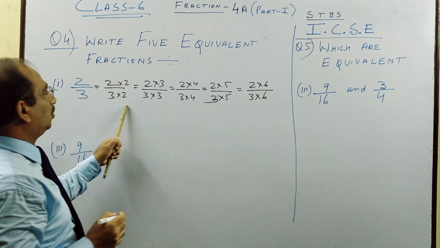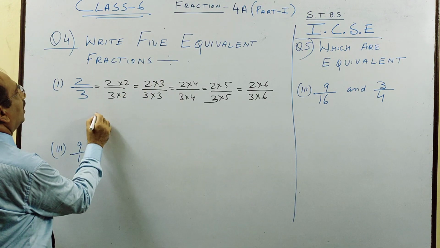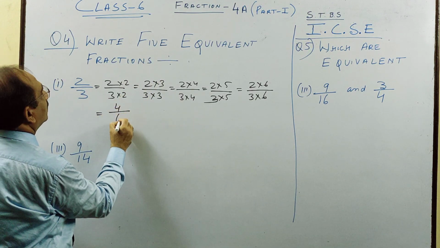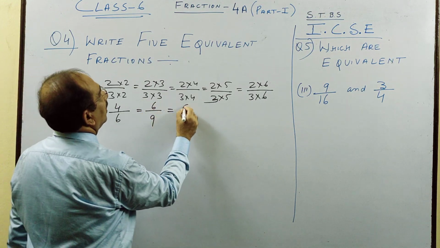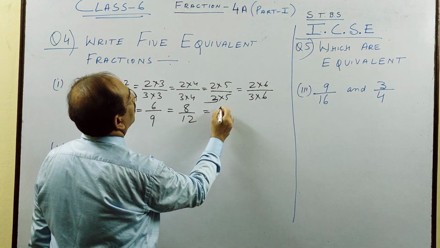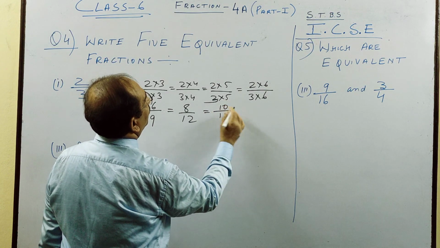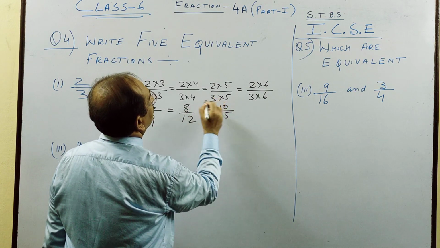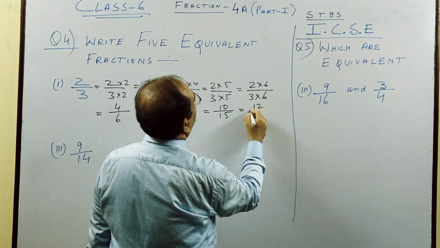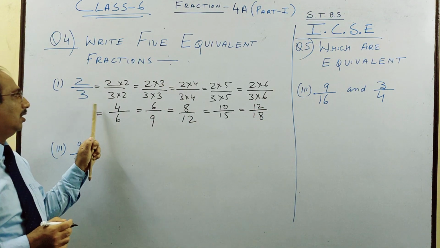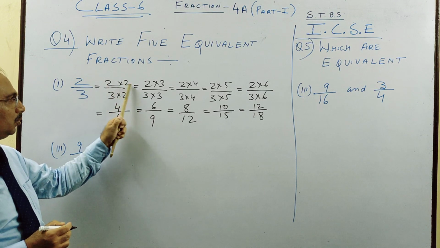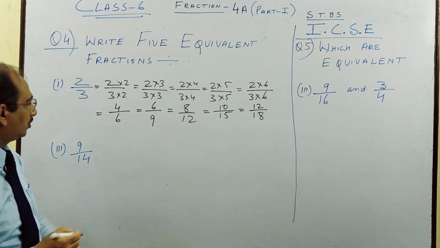So see, 2, 2, 3, 3, 4, 4. What are the equivalent fractions? 4 by 6, 6 by 9, 8 by 12, 10 by 15, and 12 by 18. These are all equivalent. So multiply both by 2, 2 2s are 4, 3 2s are 6. So like that you go.